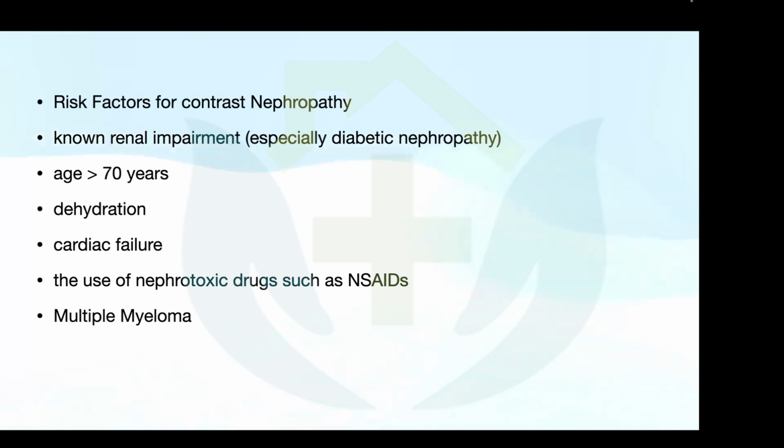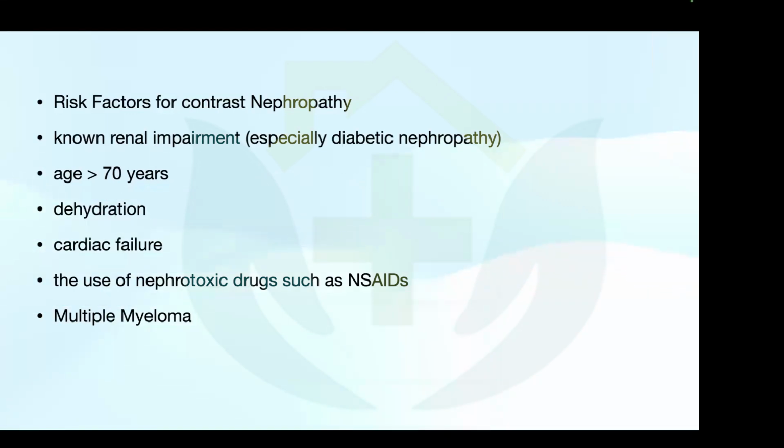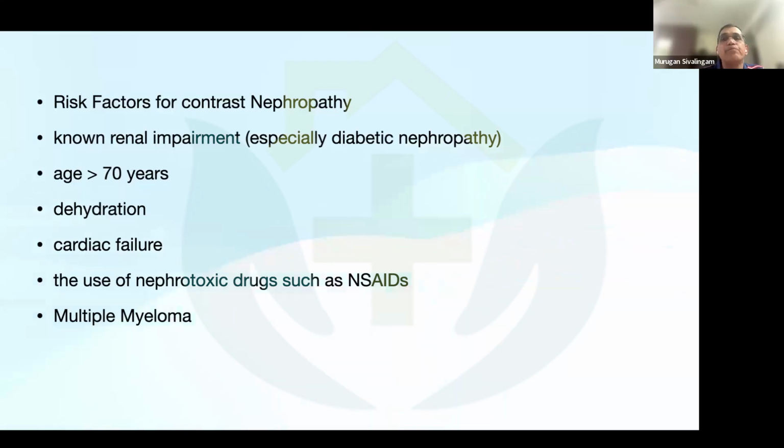Okay, multiple myeloma is one of the risk factors. And obviously the presence of renal impairment, which we already mentioned, old age, use of nephrotoxic drugs, and then multiple myeloma.